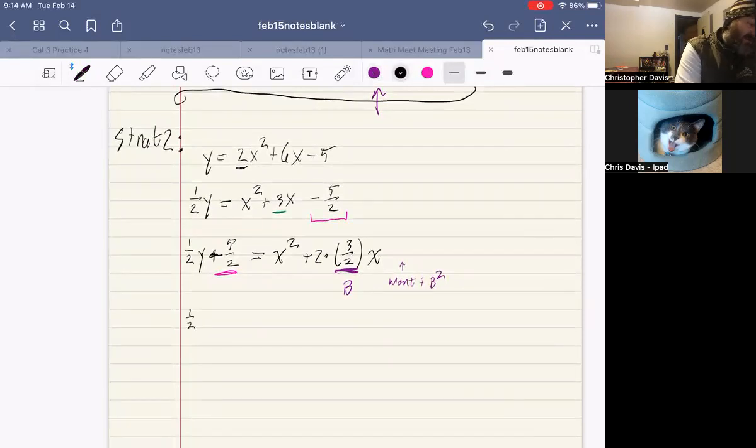So 1/2 y plus 5/2 plus b squared. Let's see, b is 3/2. Square it, you get 9/4. So I want to add 9/4 to both sides because that's b squared, is equal to x squared plus 2 times 3/2 times x plus 3/2 squared.